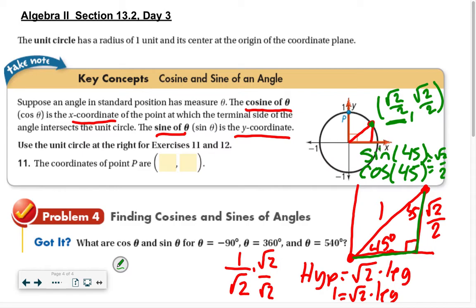Okay, kind of, sort of? That's okay if it's kind of, sort of. Do you have to figure out the other leg though? It's the same because we got a 45, 45, so they're both square root of 2 over 2. Questions, kind of, sort of?